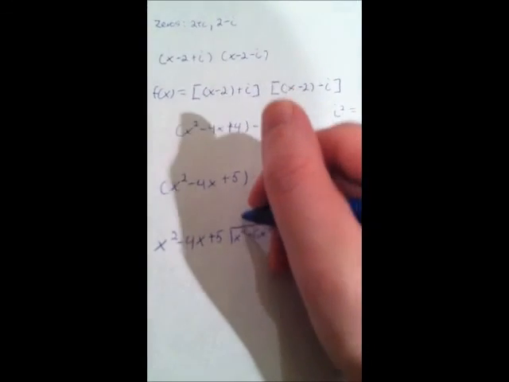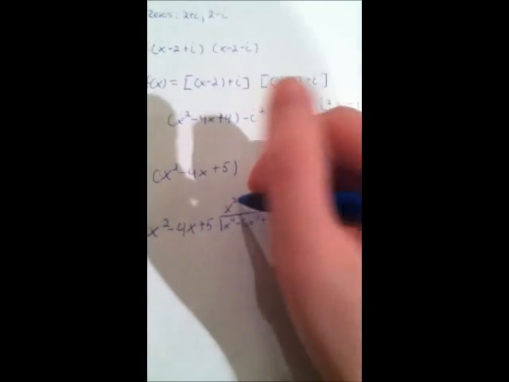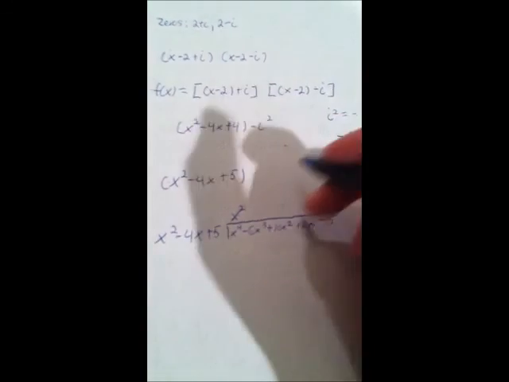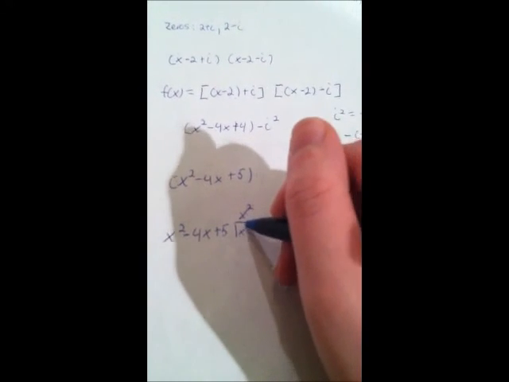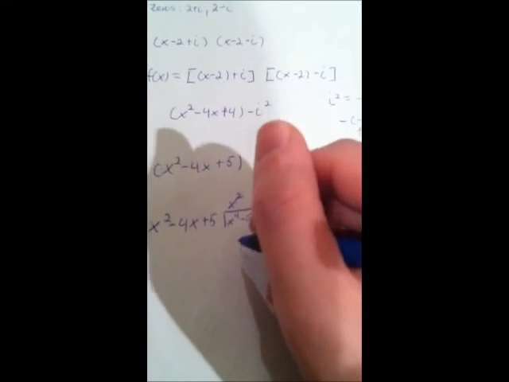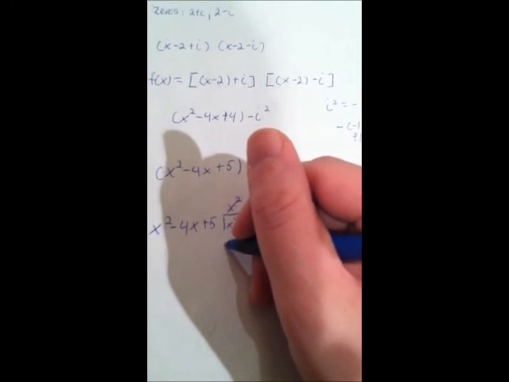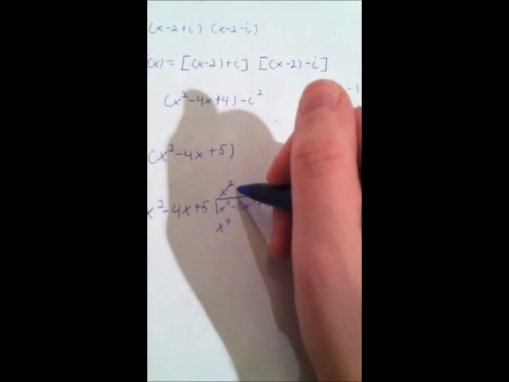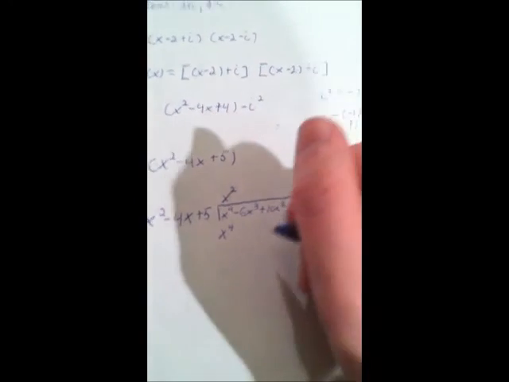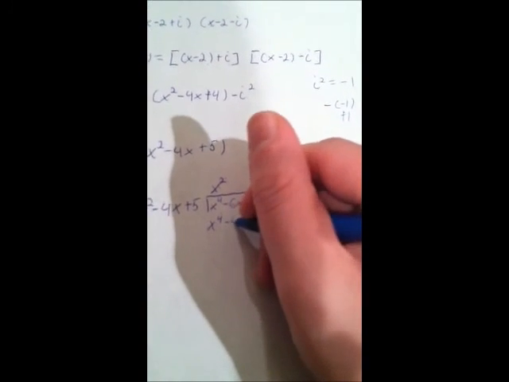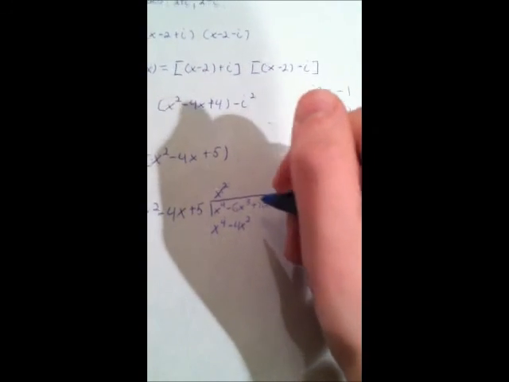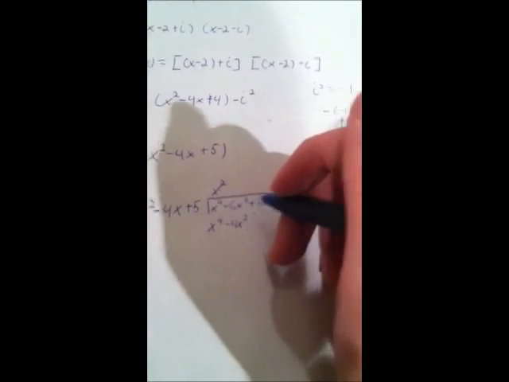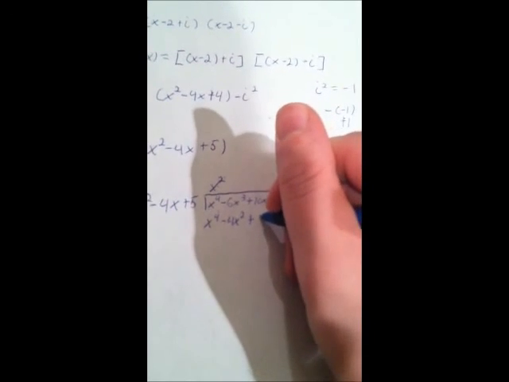We could simply put x squared and multiply it with each of these terms. x squared times x squared is x to the fourth. x squared times negative 4x is negative 4x cubed. x squared times 5 is 5x squared.